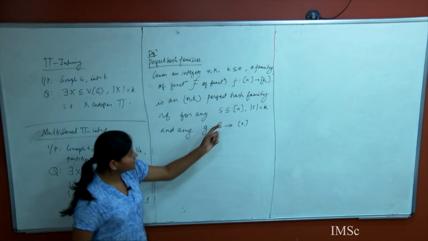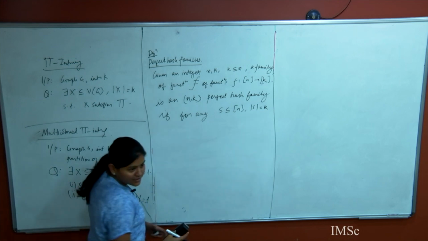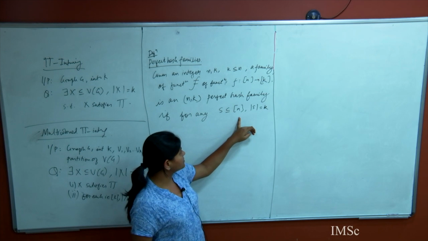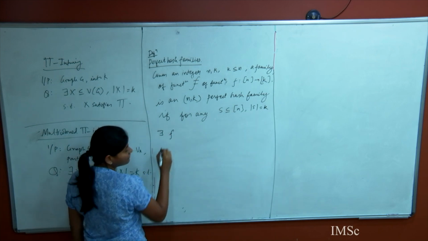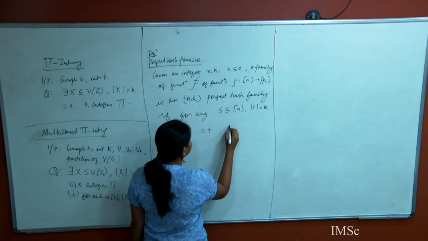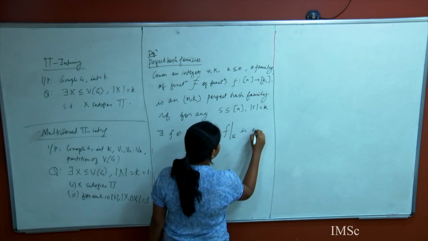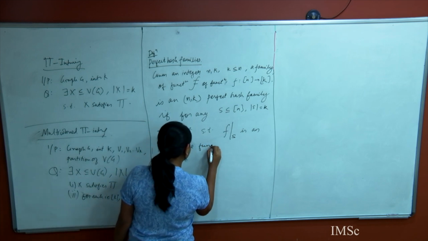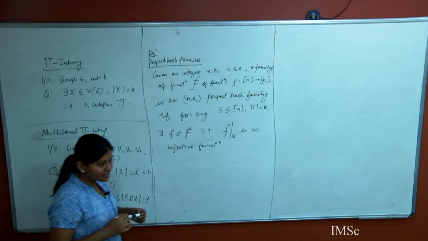Actually you don't need this fancy definition; I'll just write what is enough for our purpose. For any given S which is a subset of [n] of size k, there exists some function f in this family such that f restricted to this set S is an injective function. It's also bijective, so it does not matter.